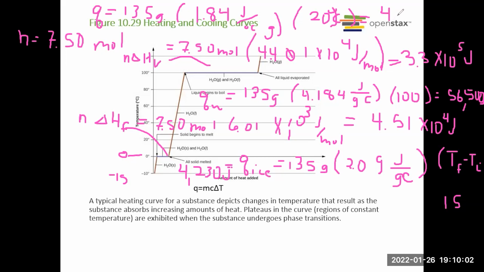So I get 4,968. So if we go sig fig, that's 4,970 joules.